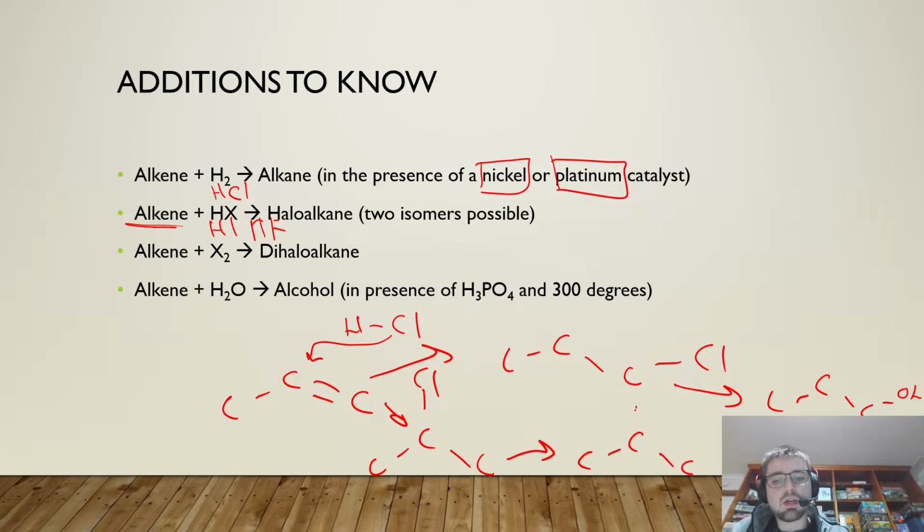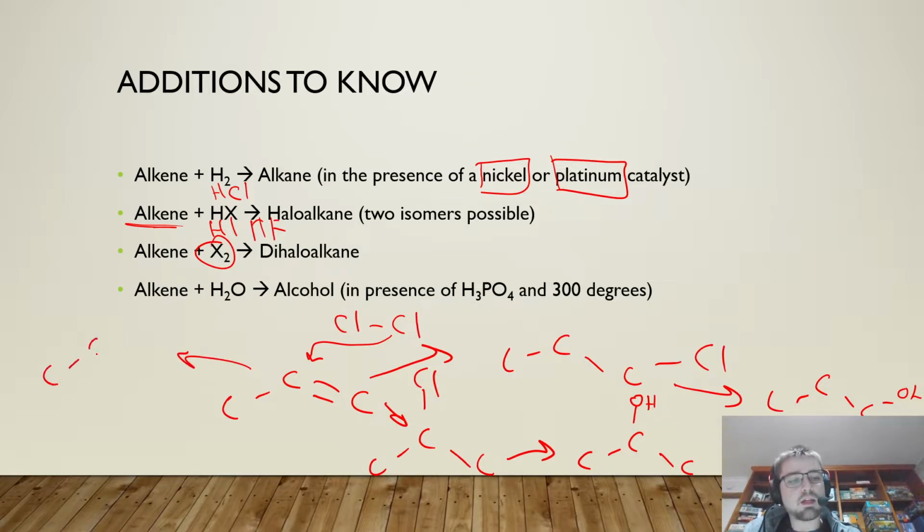So you can separate these out once you've made them, but you will always end up with both isomers being produced here, unless you're doing something tricky and adding on extra groups to stop one of them from forming or something like that. So that's the second one. If we just add the halogen, then there's only one possible thing that comes out. So if we just add chlorine here, the only possible result would be to have a chlorine on each carbon.